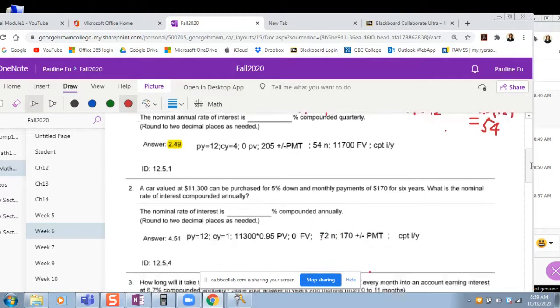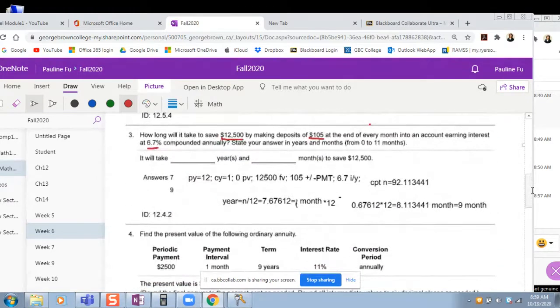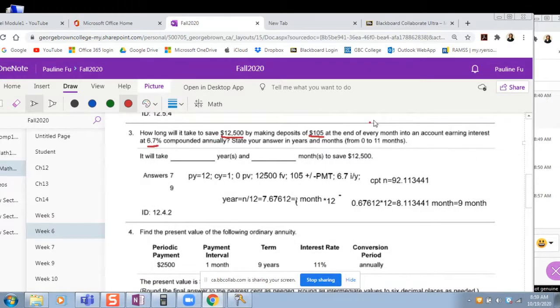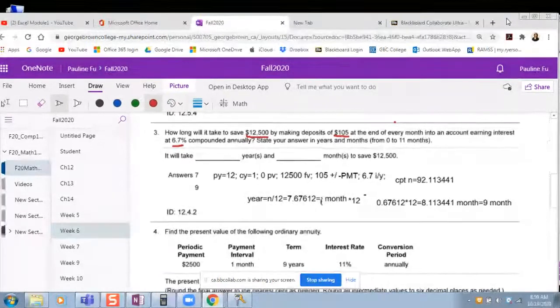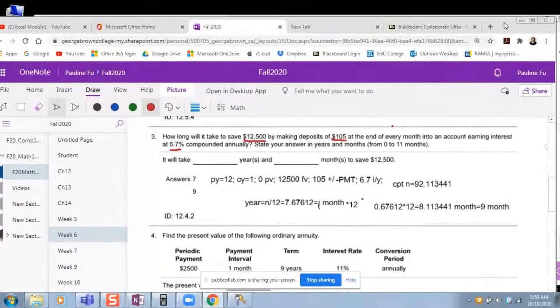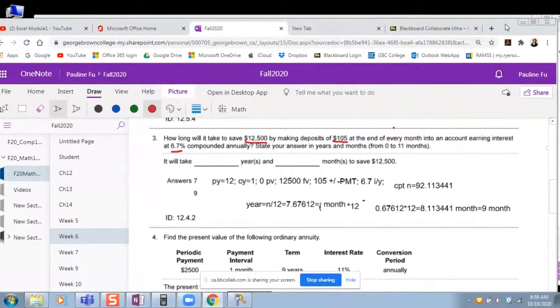Right. So go back to this question here. State your answer in years and months. So this question asks you to calculate term N. Let's analyze this question. You make deposit at the end of every month, so PY equal to 12.